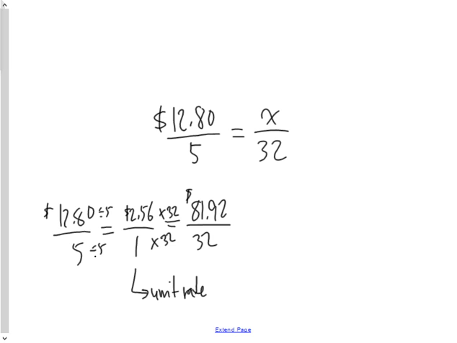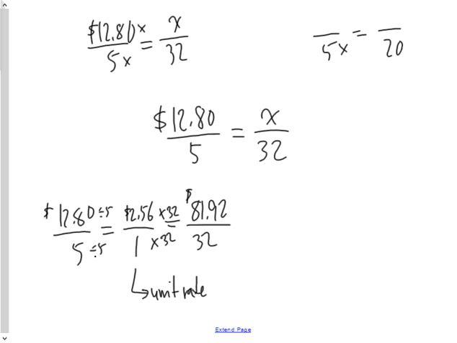Okay, that's one method. The second method we learned, and I'll do it up here, is to take our $12.80 for 5 and figure out how much it was for 32 by figuring out what did I multiply 5 by to get 32. And again, if I was to make it simpler and make it 5 equals something over 20, I would know I multiplied it by 4.